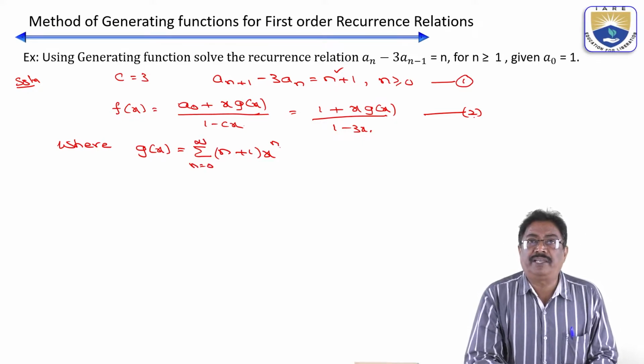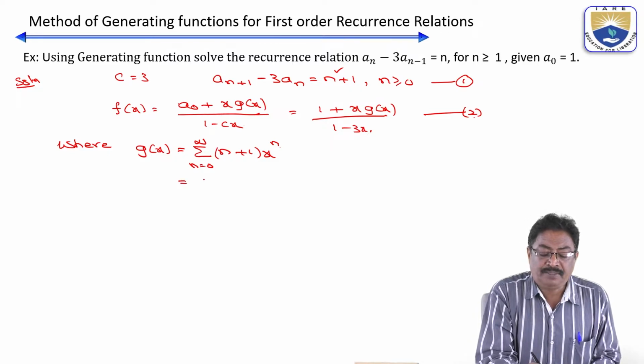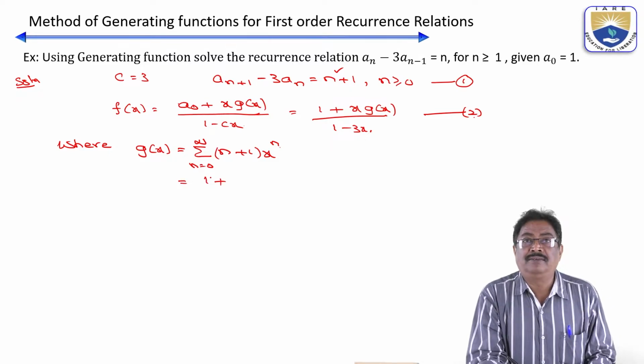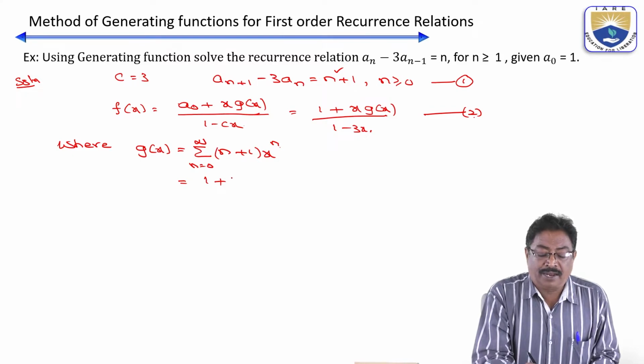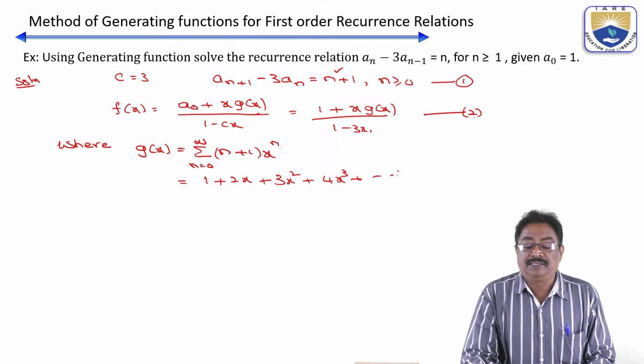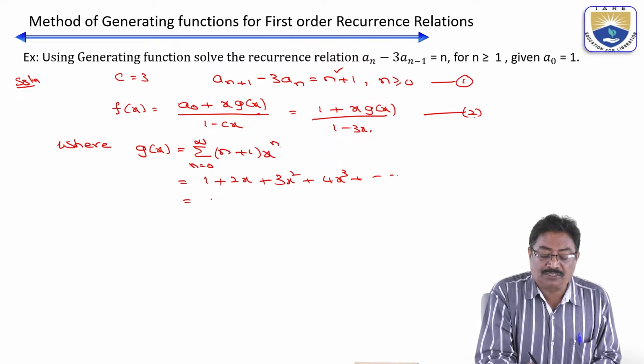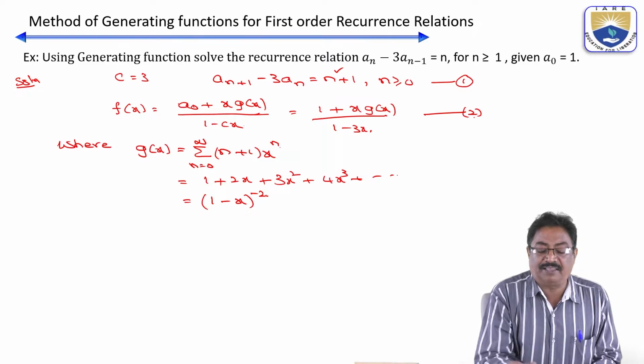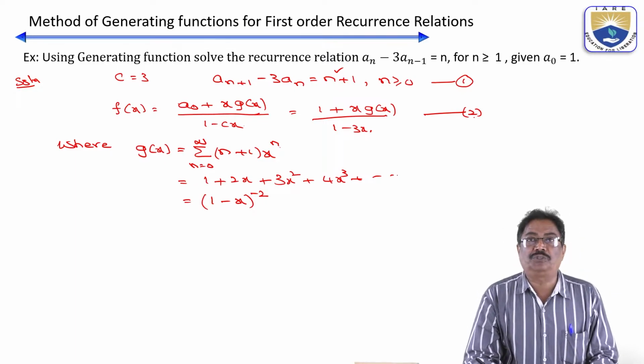Now if I substitute n equals 0, then I am going to get 1. N equals 1, 2x. N equals 2, 3x square. N equals 3, 4x cubed, and so on. So this is nothing but the expression of 1 minus x whole to the power of minus 2.